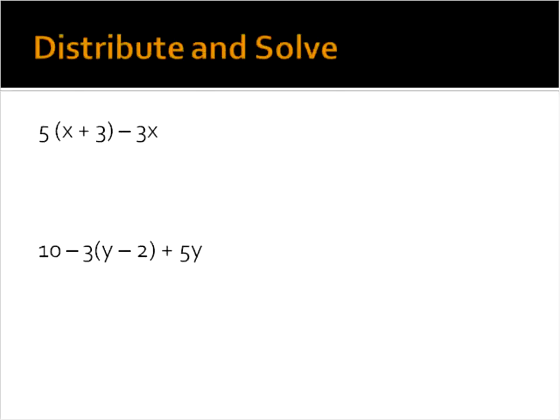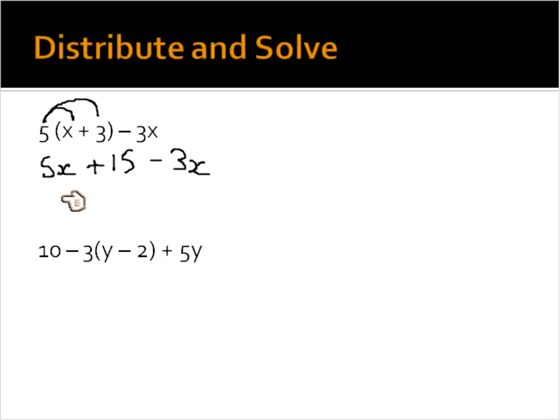Alright, now we're going to add in a little bit of crazy and what we talked about before with the like terms. So let's go ahead and solve this big guy. 5 times x, we're going to distribute that. 5 times x is 5x. 5 times 3 is 15. And then we have that minus 3x on the end.